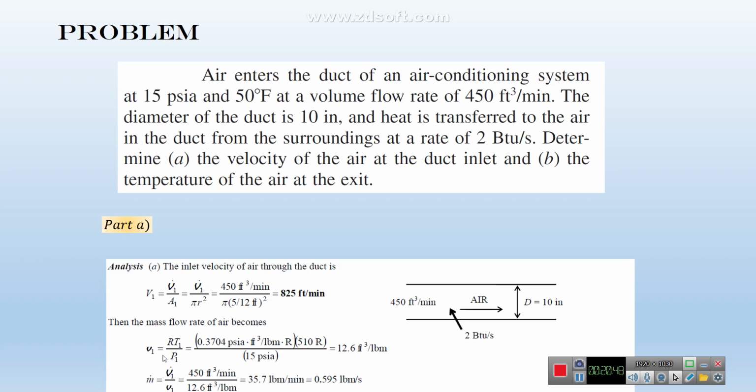If you find the specific volume at the inlet, then you are able to find the m dot. The specific volume can be found by using the ideal gas equation of state. Now, you need to set the energy balance equation to find the exit temperature. Spend 2 minutes and then please set the energy balance equation for this duct.